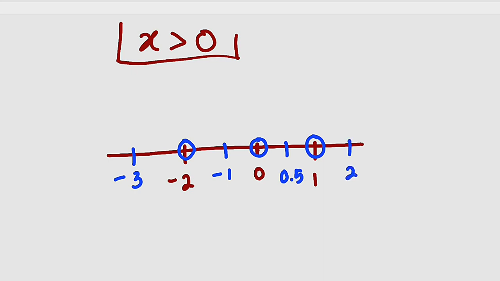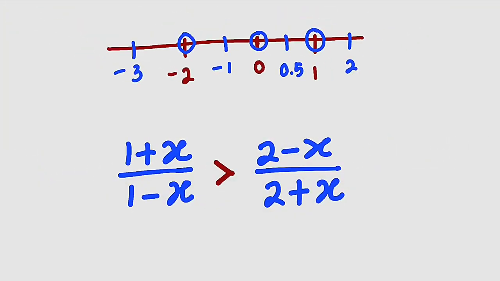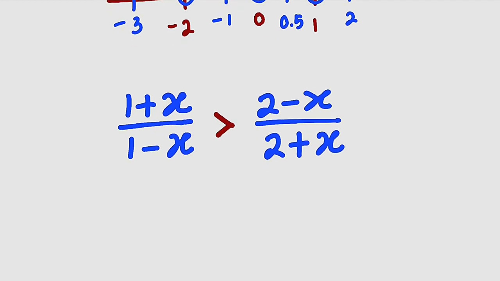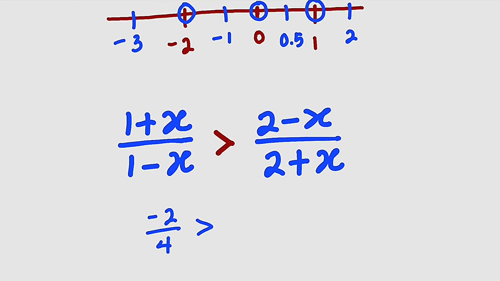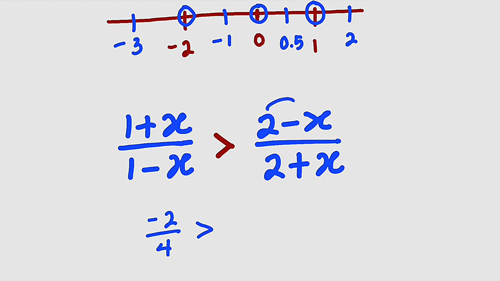All right, let's start with negative 3. If x is negative 3, to the top we have 1 minus 3, which is minus 2. To the bottom we have 1 minus negative 3, which is 1 plus 3 equal to 4, right? If this is greater than, you test for the other one. 2 minus negative 3 is 2 plus 3, which is 5.